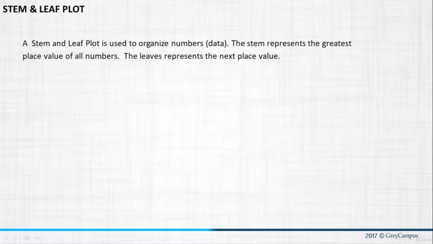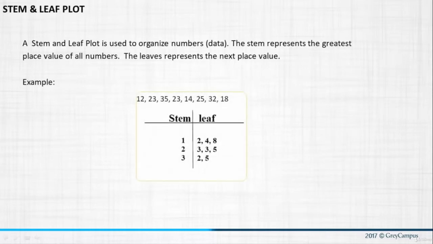Stem and leaf plot is another way of organizing our data into a picture. The stem portion is the largest single place number. In this case, it would be the tens position, and the leaf portion are the subsequent positions.